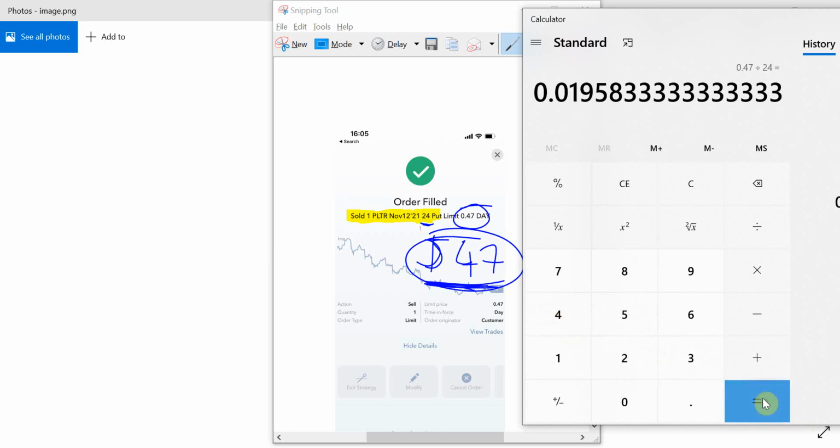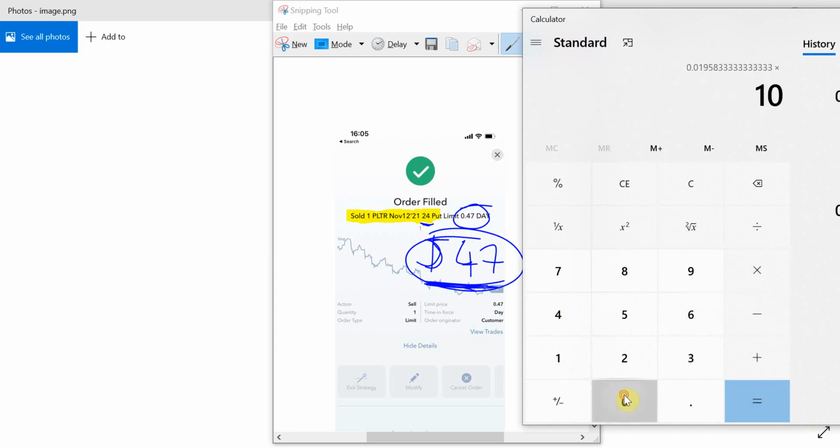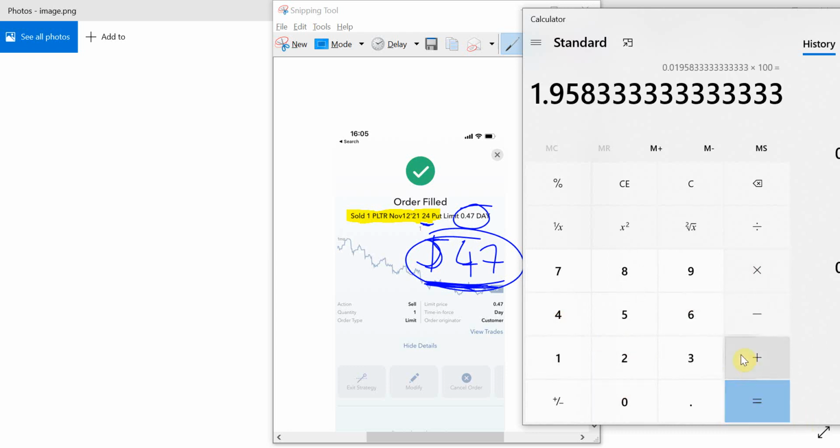So if I divide those two numbers together times by 100, you can see here that I have made 1.96%. Let's round it up to 2%. A 2% return on my investment. So $47 divided by $2,400 is a 1.96% return in a space of 7 days, or 5 days even, really.